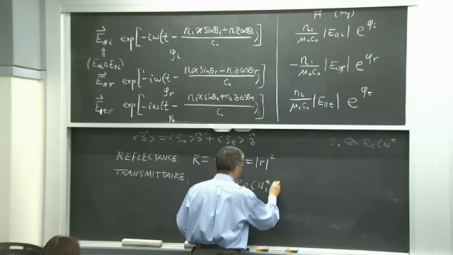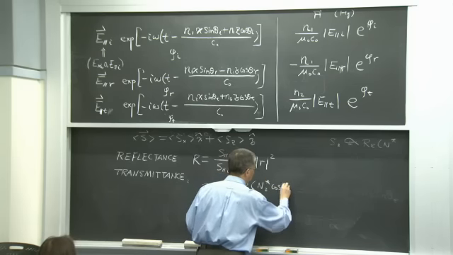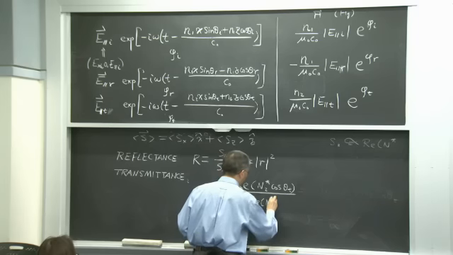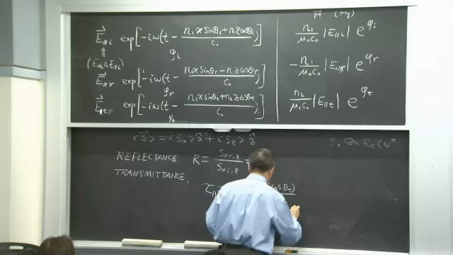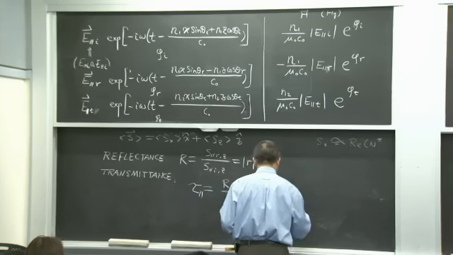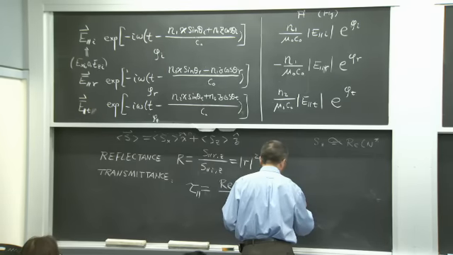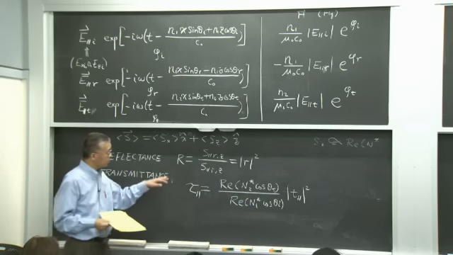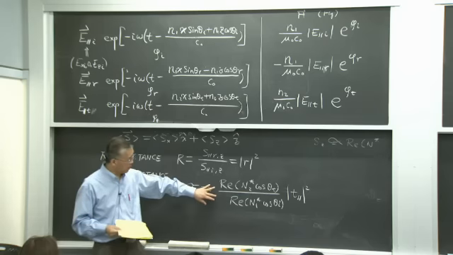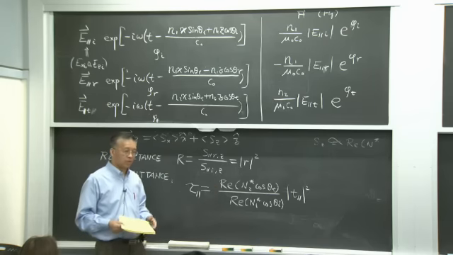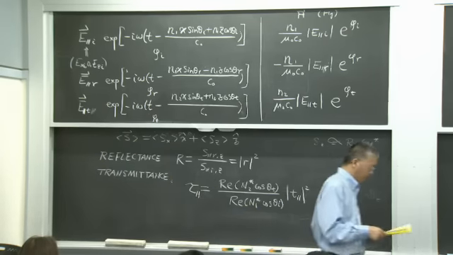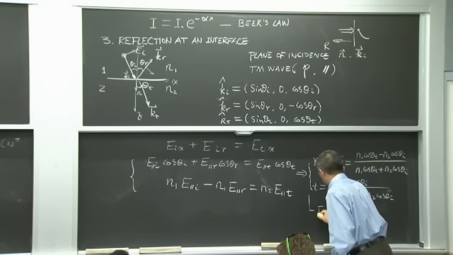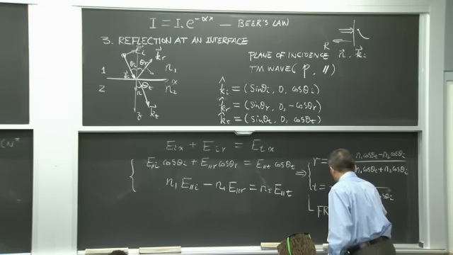So I have n2 cosine theta T, and the real part of n1 cosine theta I. This is when both sides have, say, a complex refractive index. Okay, this is where it's a little bit more complex. Okay, so this is called the Fresnel coefficient, French.